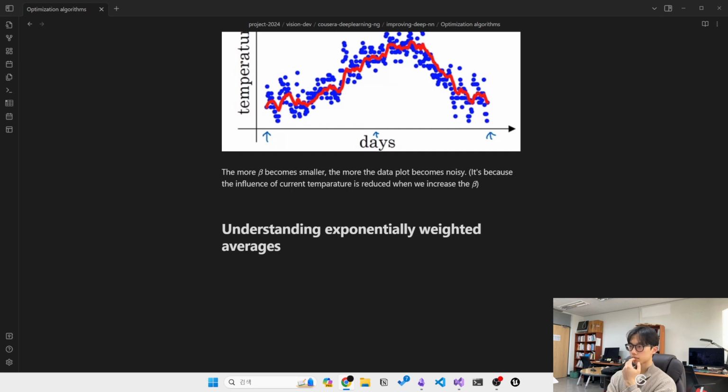And if you multiply all of these terms out, you can show that V100 is 0.1 times theta 100 plus, now let's look at the coefficient on theta 99. It's going to be 0.1 times 0.9 times theta 99. Now let's look at the coefficient on theta 98. There's a 0.1 here times 0.9 times 0.9. So if you expand out the algebra, this becomes 0.1 times 0.9 squared times theta 98.